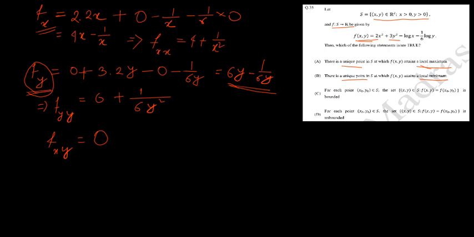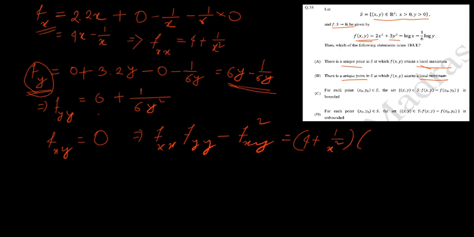So fxx into fyy minus fxy² equals (4 + 1 by x²) into (6 + 1 by 6y²), minus fxy, which is 0.